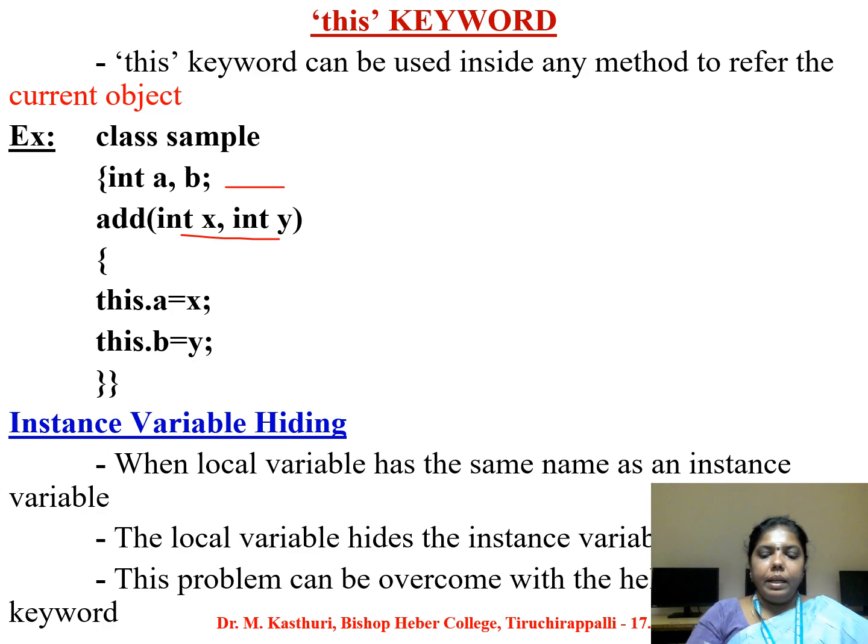Local variables are x and y, which means that local variable xy hides the value of instance variable xy. That time the compiler can understand which one is the local variable. With the help of this keyword, the compiler can understand this is the currently executed variable.